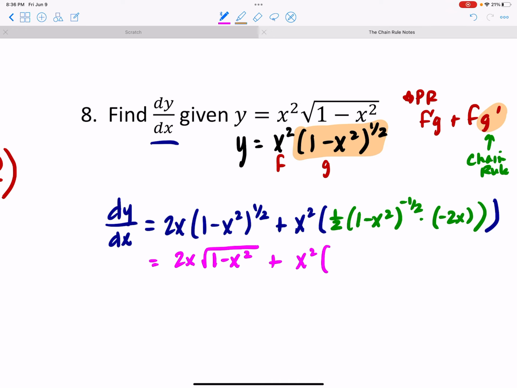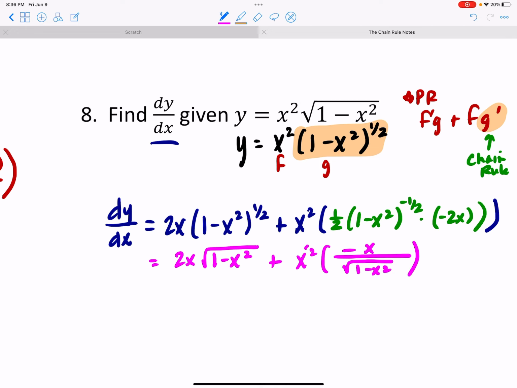Inside the parentheses in green here, that chain rule piece, the 1/2 times the 2, times the negative 2 is going to make a negative 1x. And the 1 minus x squared to the negative 1/2 is going to go to the bottom. So that's going to become a 1 minus x squared here.